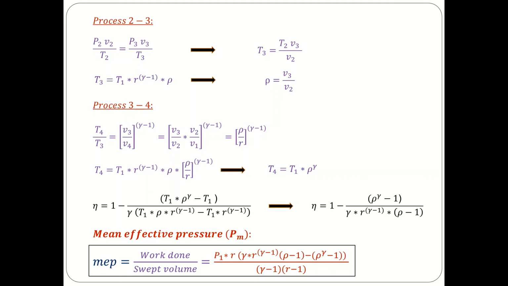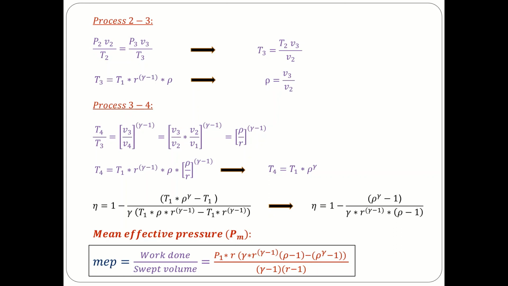So you can write T3 in terms of T2 as T2 into V3 by V2. And we know T2 in terms of T1, so substitute that, and V3 by V2 can also be written as rho, which is the cutoff ratio, right. So this is the notation which is used for cutoff ratio, rho. So T3 comes out to be T1 into R raised to gamma minus 1 into rho, the cutoff ratio.